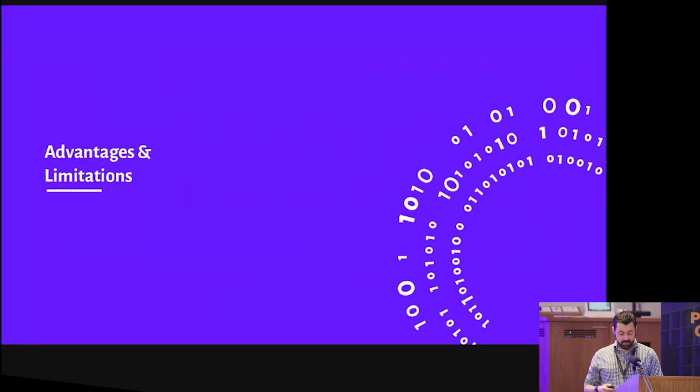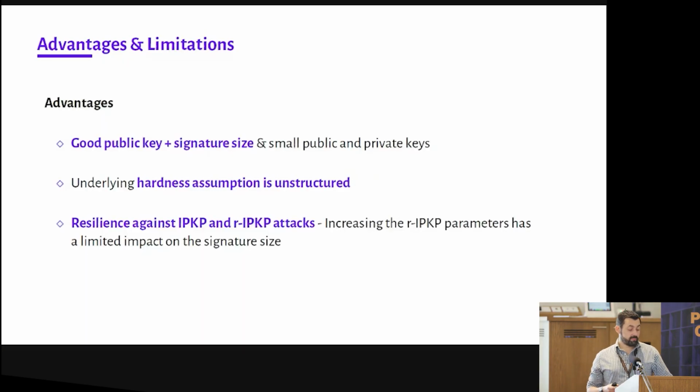Okay, so let's conclude with the advantages and limitations of PERK. Most of them are pretty much all the same as for all the MPC protocols. So we are good on the public key plus signature size metric with, in addition, small keys.